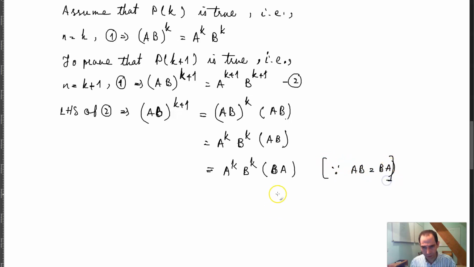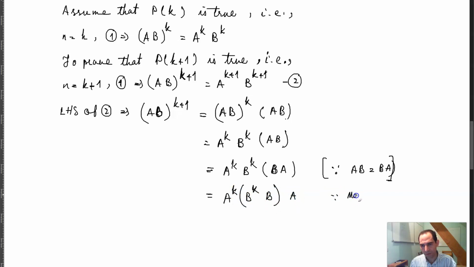And now, since matrix multiplication is associative, I can write this as A raised to the power k times B raised to the power k times B times A.